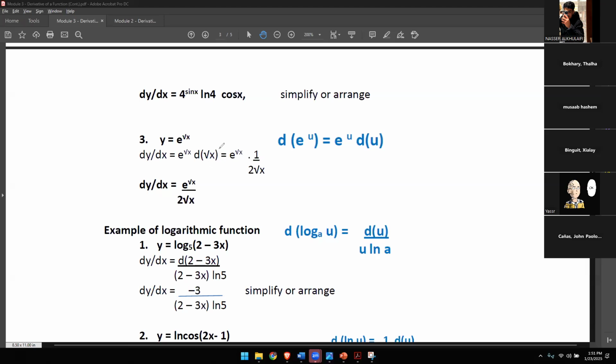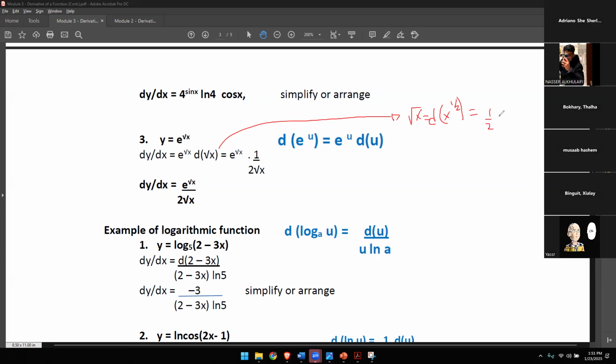So in here, let me just show this one once again. We actually already had this example a while ago, but let me just repeat it. So square root of x is equal to x raised to 1 half, correct? And then the derivative of this one is using a power formula. So bringing down the exponent, retaining the x, and then 1 half minus 1 is now equal to negative 1 half.